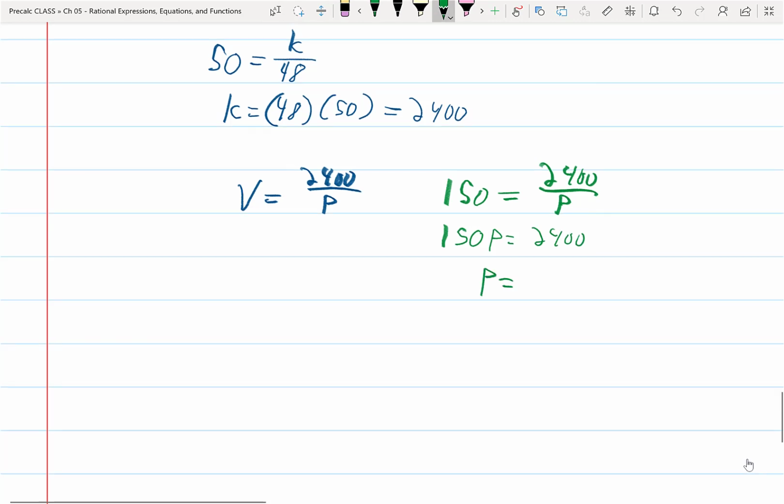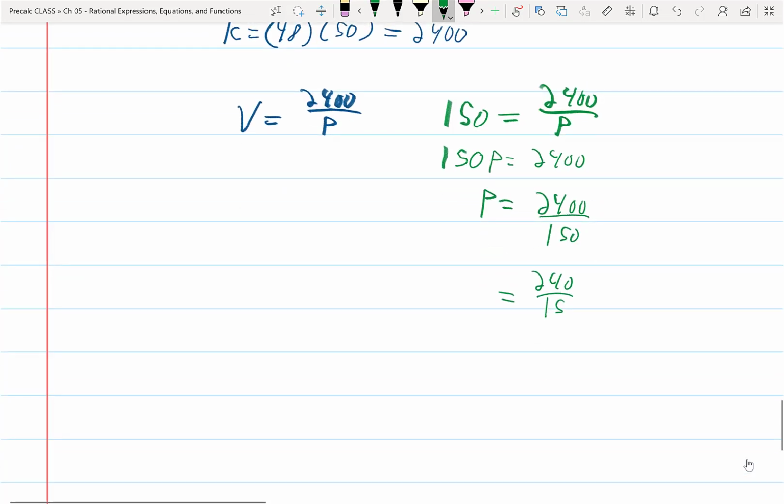Then divide both sides by 150, and I get 2,400 over 150, which is the same as 240 divided by 15. This is definitely going to divide because 240 is divisible by 3. I'm going to divide both by 3 and get 80 over 5, which is easier to divide. Then I get 16, and the pressure units are pounds per square inch.